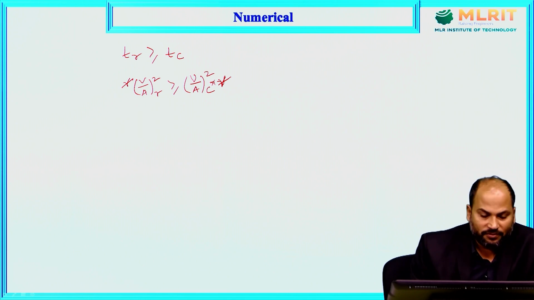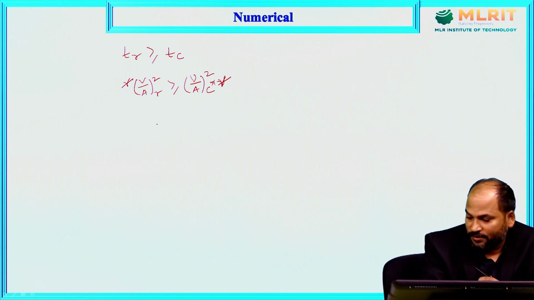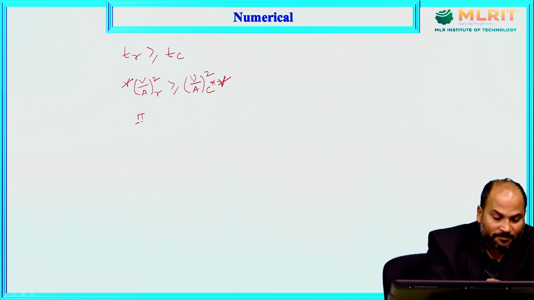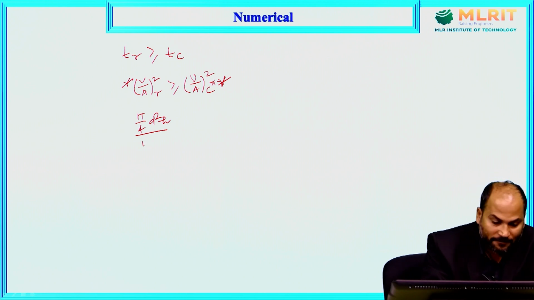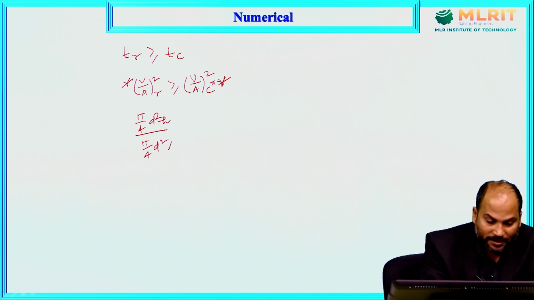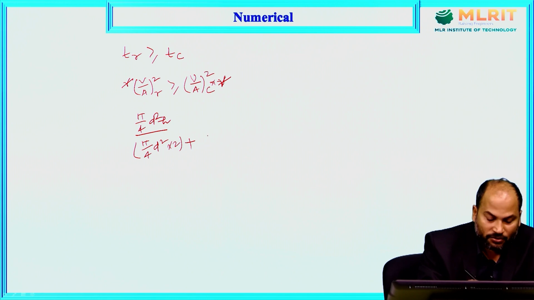So we have volume upon surface area. What will be the volume of this? We can write pi upon 4 d square into h, upon the surface area. Two circular parts are there on the top and the bottom, so we can write pi upon 4 into d square into 2, plus the area of the slant part, which is simply pi d h.